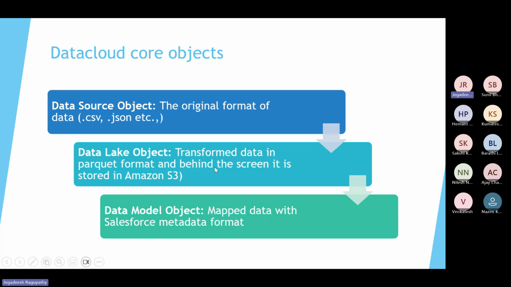Once you map all the data lake objects from ingestion to the data model object successfully, it is now transformed into a human readable format with columns and rows, right? That is what the data model object refers to. So far, do you have any questions? If not, we can move to next.